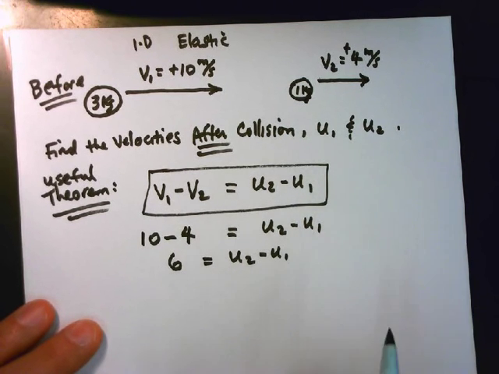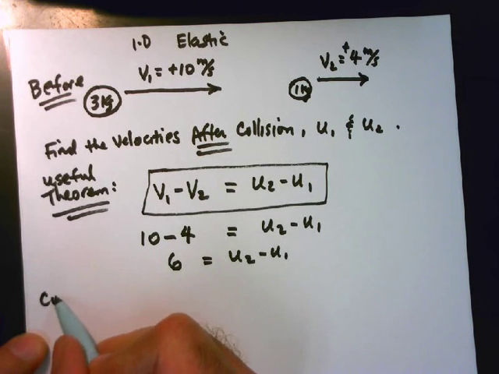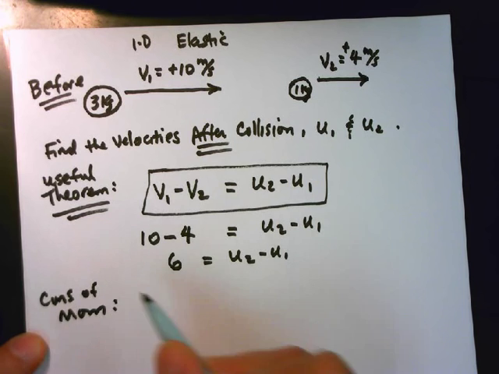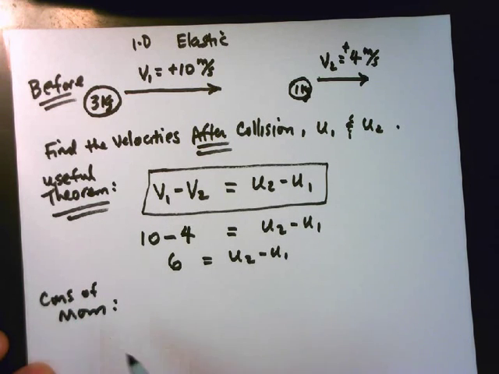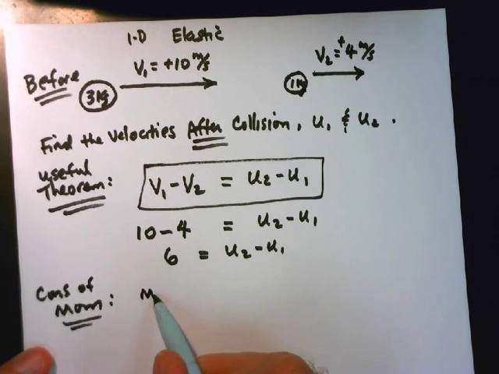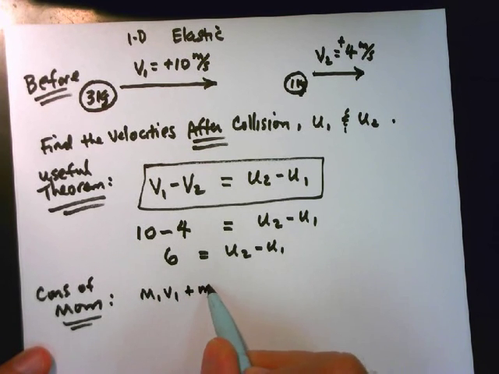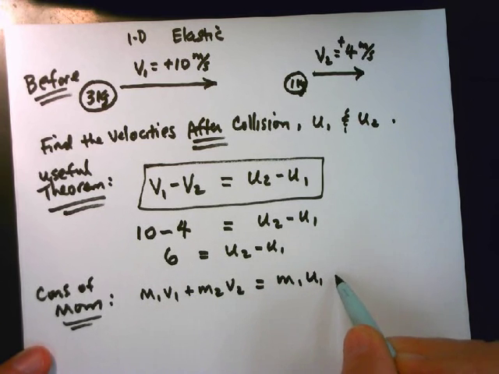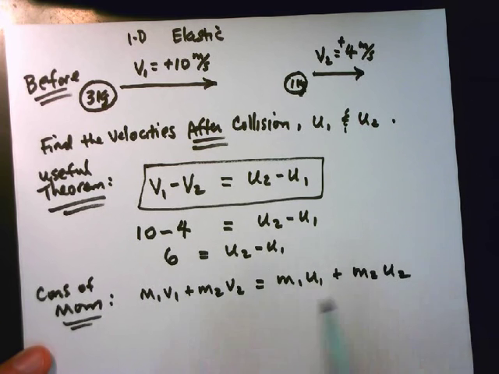Okay, good. Now let's use the law of conservation of momentum. That basically says m1 times v1 plus m2 times v2 equals m1 times u1 plus m2 times u2.